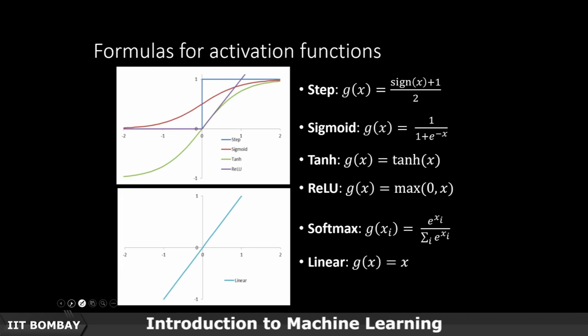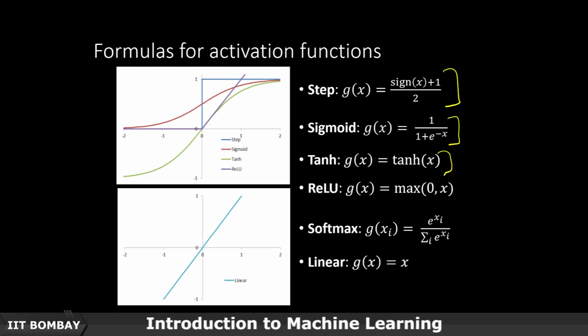So these are the equations for all of these. The step function is just a theoretical construct, we don't use it. It's sign of x plus 1 by 2, right? And then you have sigmoid, which is the logistic regression type of function. Then we have tanh, which basically acts as sigmoid stretched 2 times and then shifted down by 1.